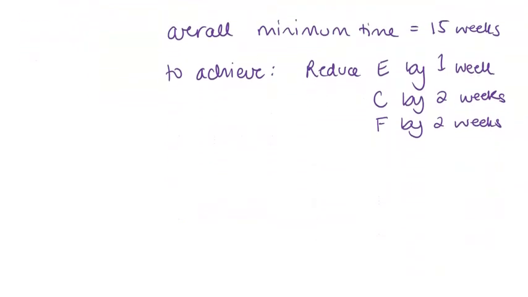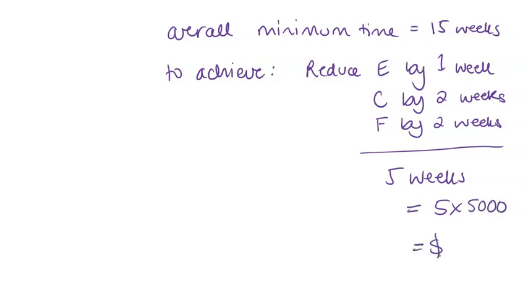So in total, 5 weeks. And that was going to cost us $5,000 per week. So in total, it cost $25,000 to make that saving of 4 weeks in our project time.